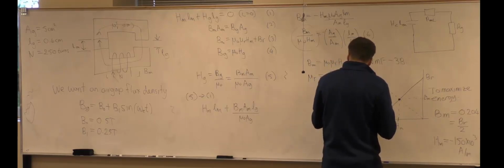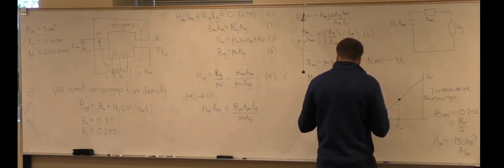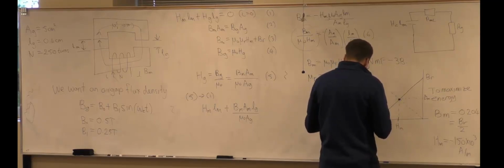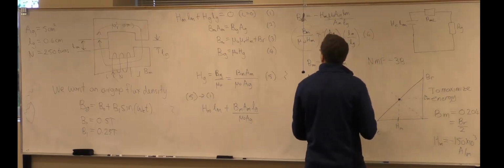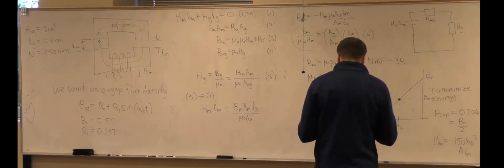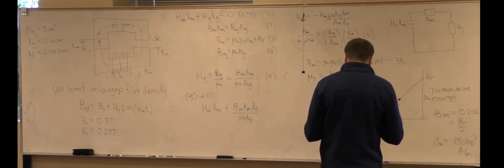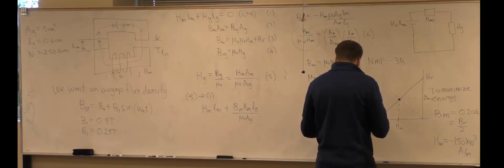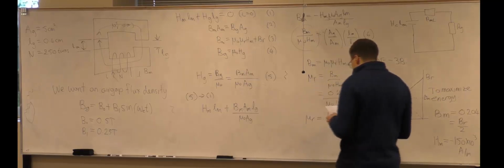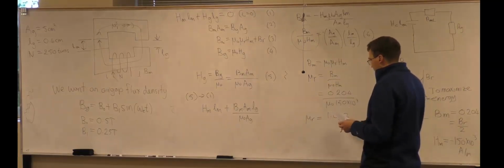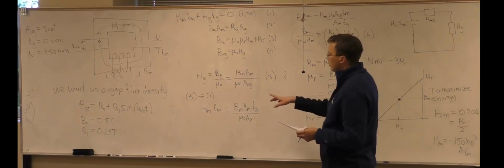We have 0.204 divided by mu naught times 150 times 10 to the 3, and so that gives us 1.082 for the mu.